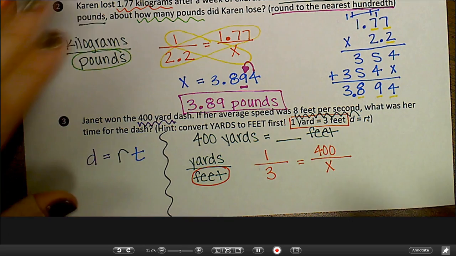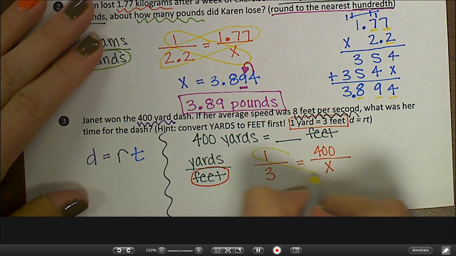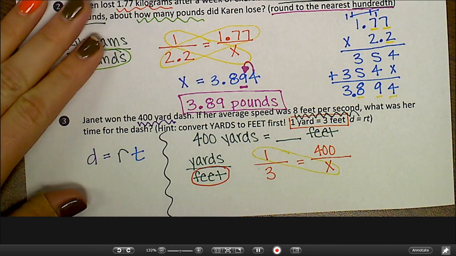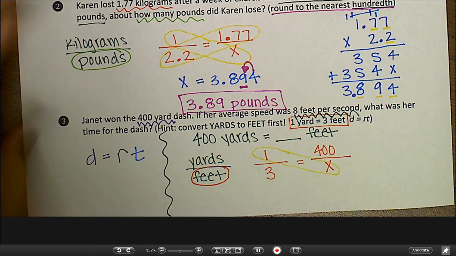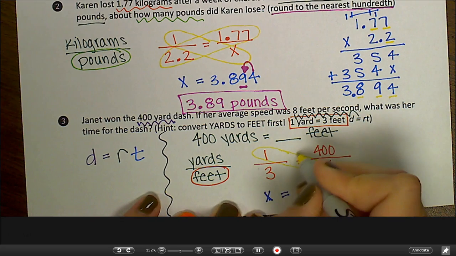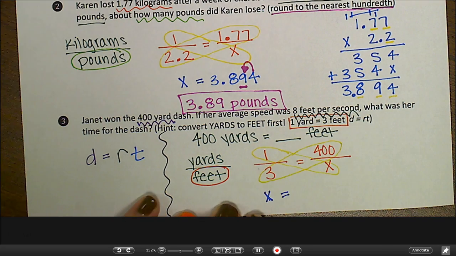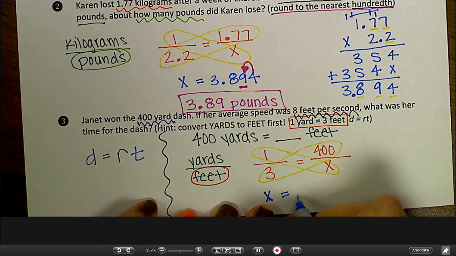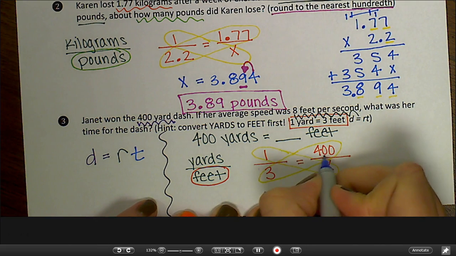We need to cross multiply. 1 times X is X, or 1X. 3 times 400 is a little bit bigger number. If you want to use the shortcut, 3 times 4 is 12. And then I add 2 zeros.